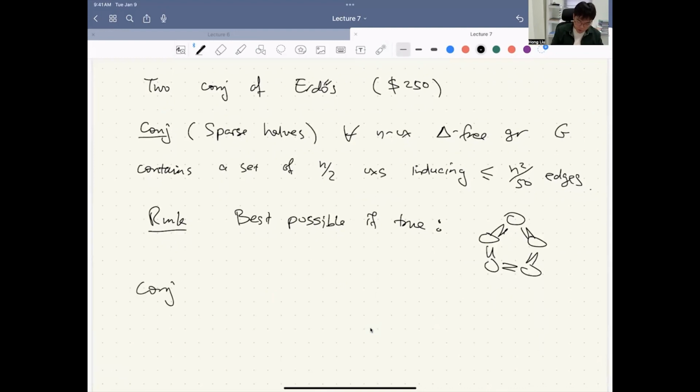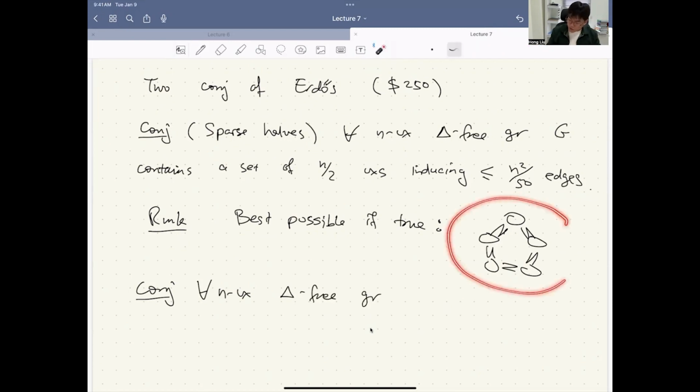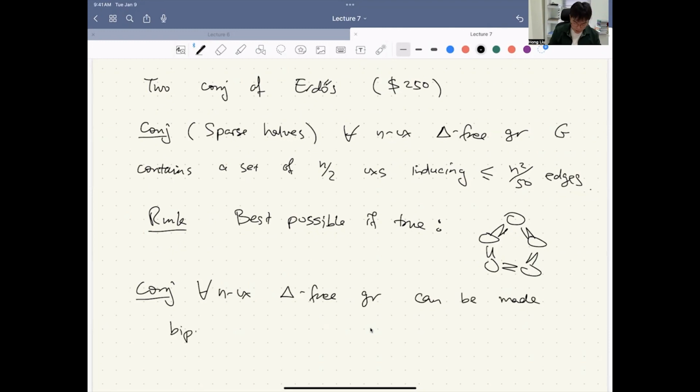Another very related one, which is also open, is that any n vertex triangle-free graph, with the same tight example if true, can be made bipartite by removing at most n squared over 25 edges.